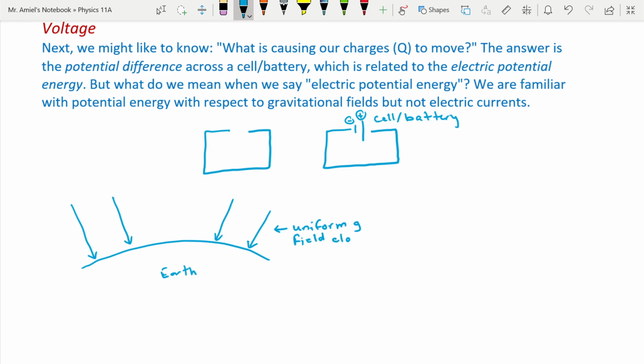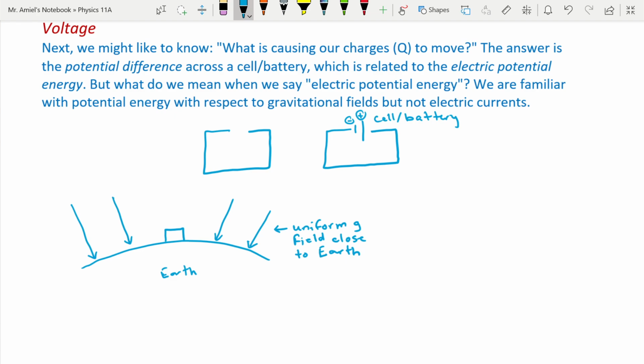And we know that that's actually going to get weaker as we go further away. But for this case where we're close to Earth, we can say that this gravitational field is, for all intents and purposes, uniform. And we're going to put an object on the surface of the Earth.